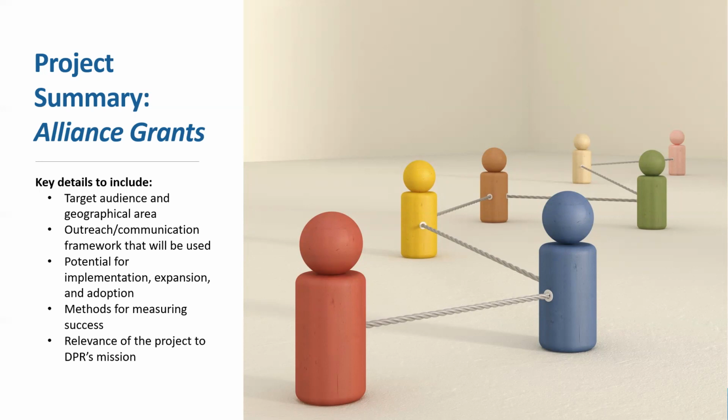So it's important to include the target audience and the geographical area. Additionally, the outreach or communication framework that will be used should be detailed, things like how field days or trainings are going to be held, or basically how information is going to be spread.